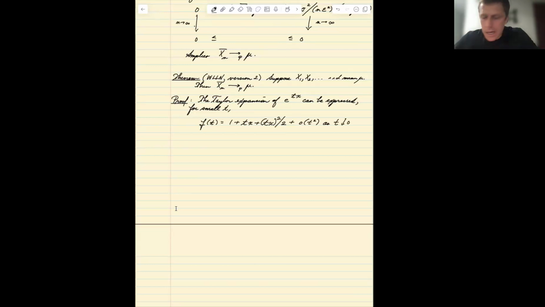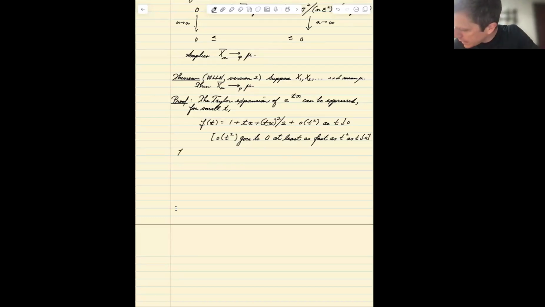This is a little bit of notation, little o of t squared, that says it goes to 0 at least as fast as t squared as t goes close to 0. So in other words, we can ignore it as we think about t getting smaller and smaller.